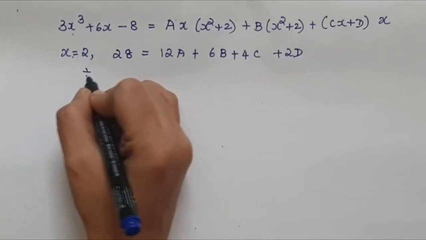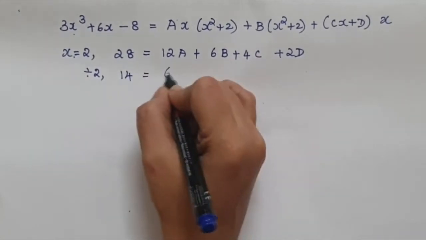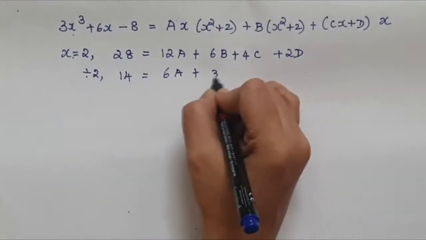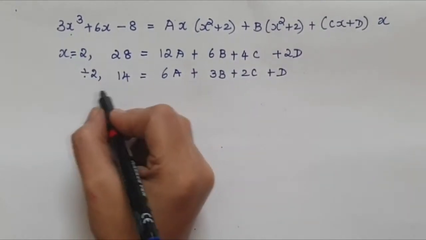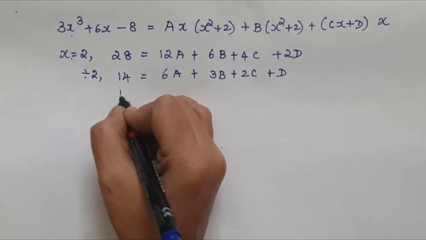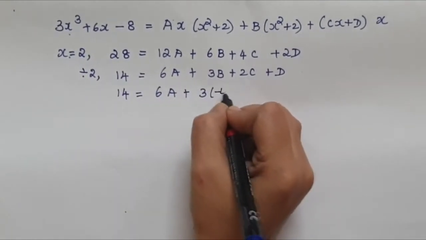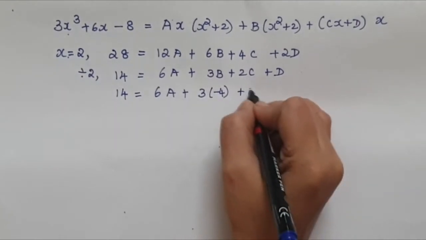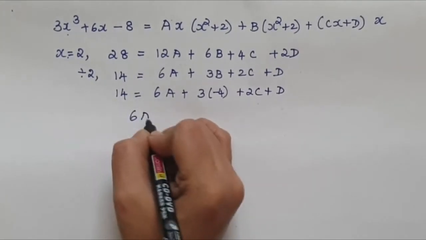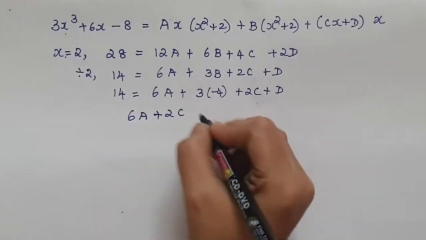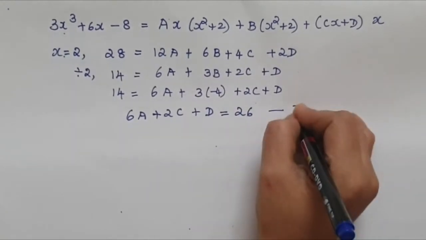We get 14 equal to 6a plus 3b plus 2c plus d. Now, substituting our value for b, 14 equal to 6a plus 3 into minus 4 plus 2c plus d. When we simplify this, we get 6a plus 2c plus d equal to 26. This is our third equation.